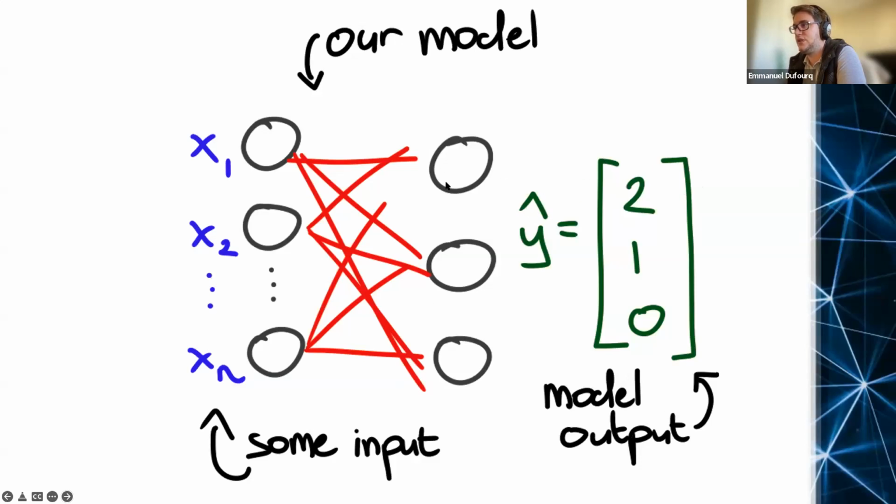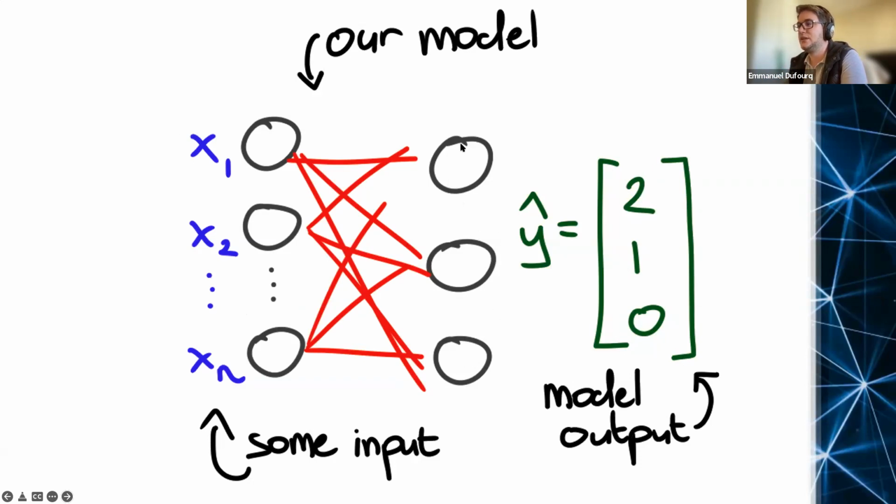In other words, this unit is outputting a value of 2, this unit is outputting a value of 1, and this unit is outputting a value of 0. So I'm just assuming that I've fed in some input, like an example of data, and the model is producing these values.